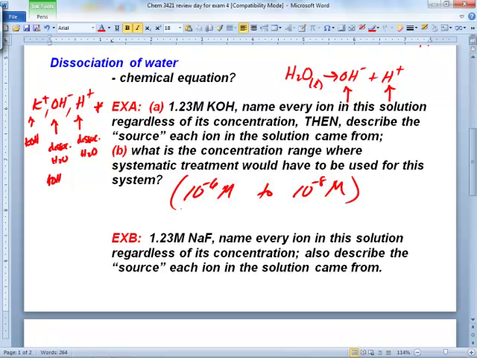That's the worrisome range. Full systematic treatment. If it would say, I don't know, 1 times 10 to the negative 6 molar KOH, what's the pH? Full systematic treatment. That's what the last test was on, the 5-step program. But we had some of those in here too again. You just have to go back to that region.